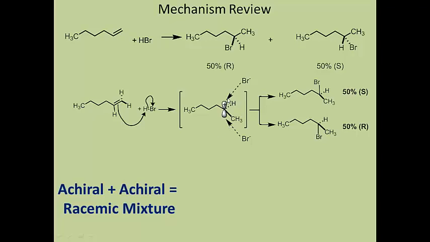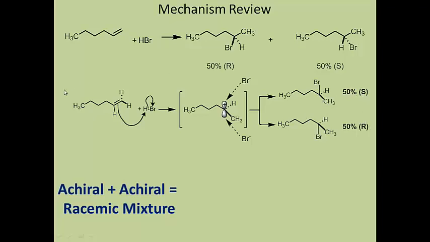And the reason why you see this 50-50 mixture is because that carbocation intermediate, that carbon, has an empty p orbital, and so the bromine that you lose here can now attack from here or from here without any restriction, right? And so that's how you're able to get the two products in equal amounts, the S as well as the R.